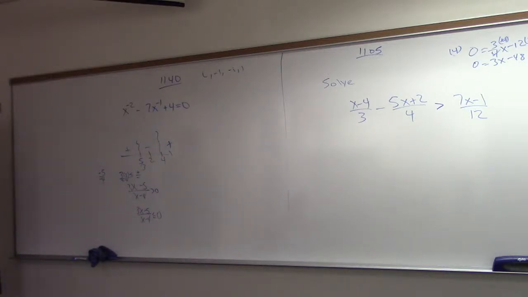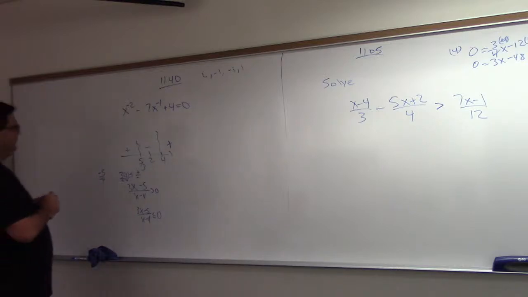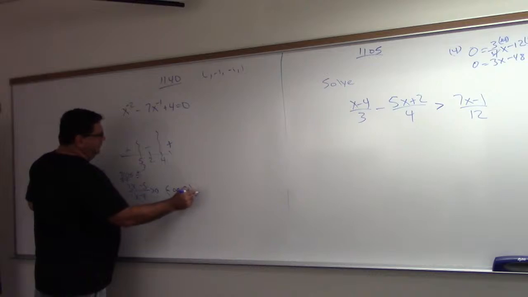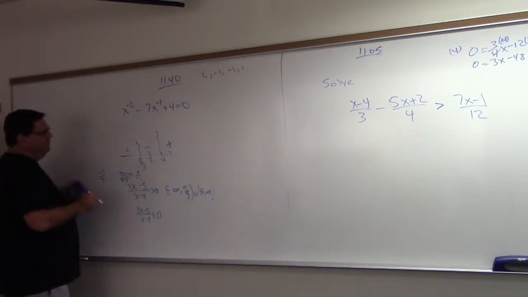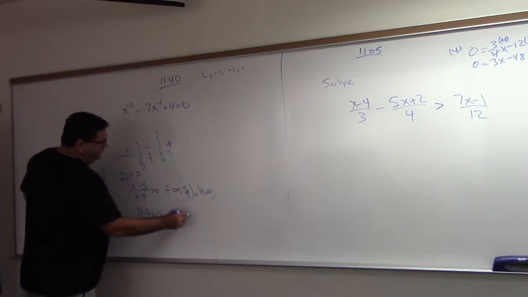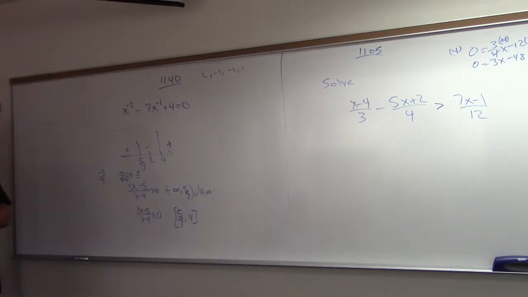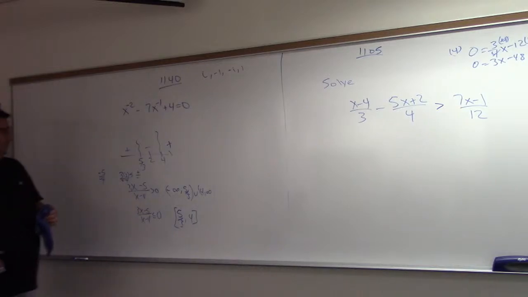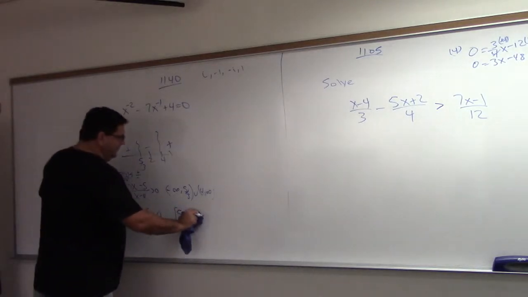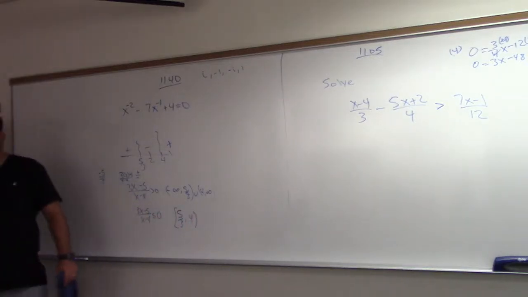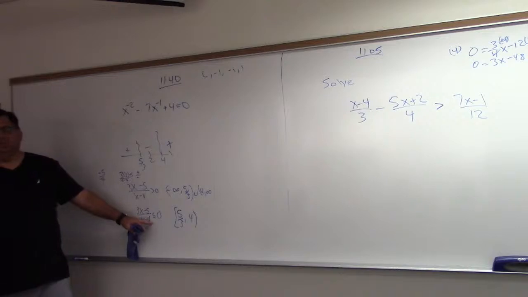Alright. Now, when's it greater than 0? Negative infinity to 5/3, union 4 to infinity. When's it less than or equal to 0? 5/3 to 4. When do you know to use brackets over parentheses? If it's equal to, it's generally going to be a bracket.